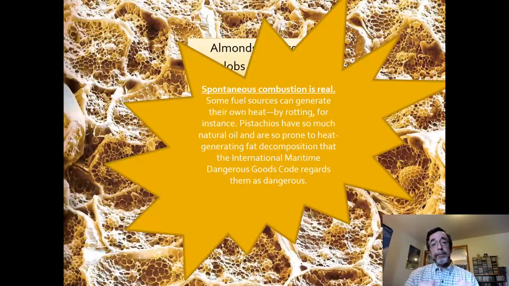It's being broken down from the fat to CO2. And it generates heat as well, because you're bringing it to a more stable arrangement of atoms, CO2. In fact, pistachios have so much oil, and they are prone to this fat decomposition, that the International Maritime Dangerous Goods Code actually regards them as dangerous because they can catch on fire.